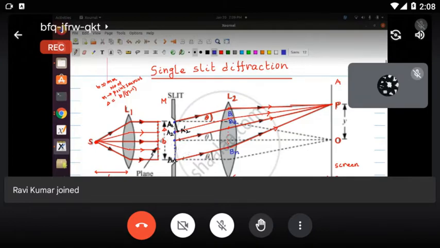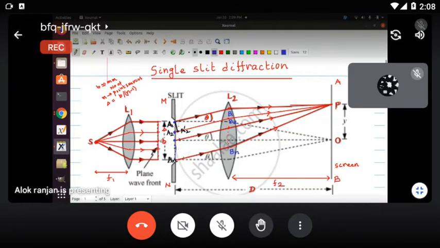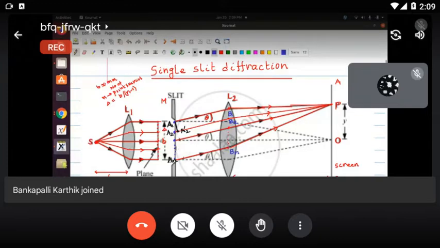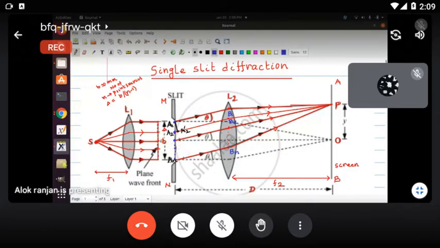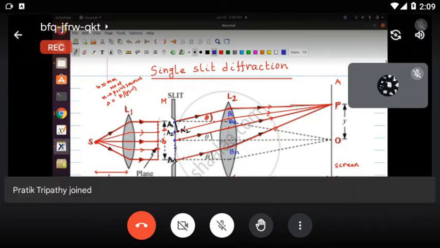So then we can call it a slit, and then we have the second lens L2, which has focal length F2, and we have a screen, namely AB. Whatever notations or symbols I have been using to represent this schematic diagram have been mentioned clearly, otherwise they won't make any sense.